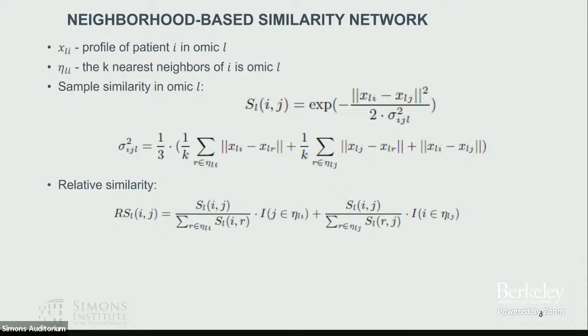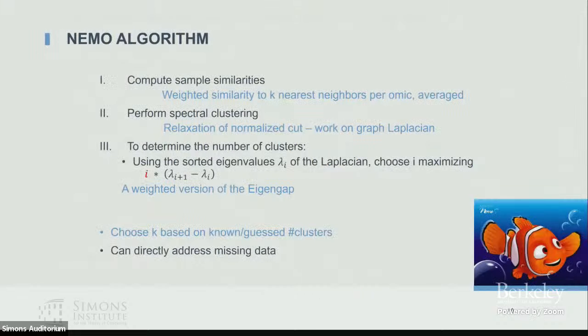So this is done separately for each omic, and the integration step is the simplest possible, just averaging this relative similarity across the omics. So here's the overall algorithm. We compute the similarity as we just described, and then apply spectral clustering.